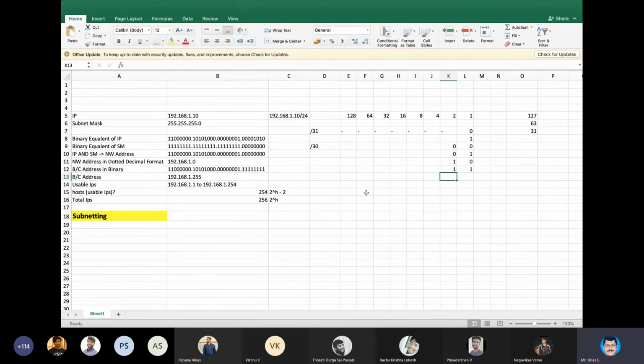Out of these four combinations, these 2 I can use for my computers, that is, in decimal 1 and 2. 3 is for broadcast and 0 is for network address. This is the network address and this is the broadcast address. Are you clear, guys, with this concept? Are you getting what I'm saying?